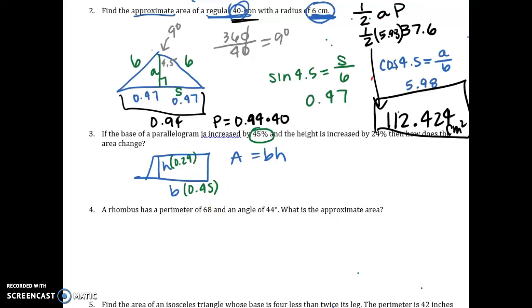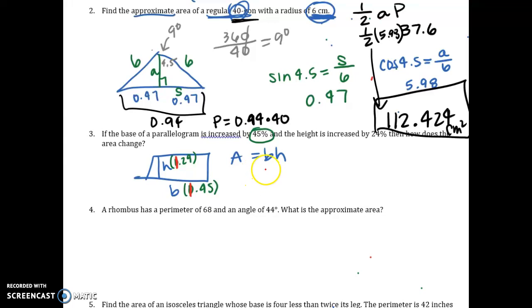Now, technically, when you evaluate a percentage, you take this number and then you add it onto your original amount. So you could do that, or you could just multiply by 1.24 and 1.45. That's like saying you're doing 124% of the height and 145% of the base. It's basically the same thing.